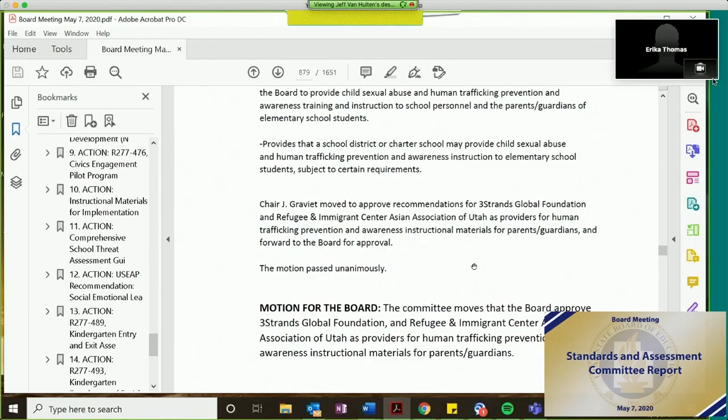The motion for the board is the committee moves that the board approve 3 Strands Global Foundation and Refugee and Immigrant Center Asian Association of Utah as providers for human trafficking prevention and awareness instructional materials for parents and guardians. Discussion to the motion.